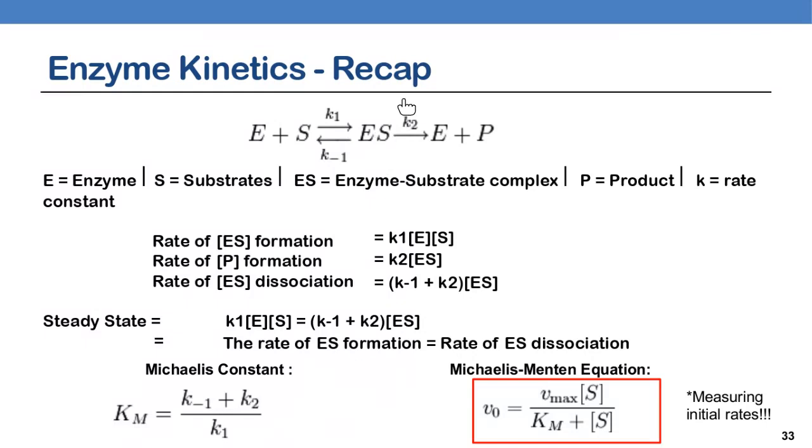So that's why they're saying this K2, the formation of product from that enzyme substrate complex, is going to have to be slower in order for these two rates to equal each other. So the breakdown of the ES complex is slower than the formation of this complex, as well as the dissociation of this complex back to our enzyme and substrate.